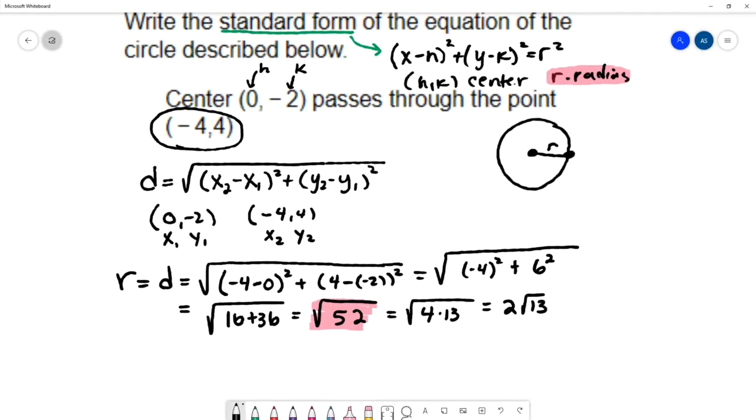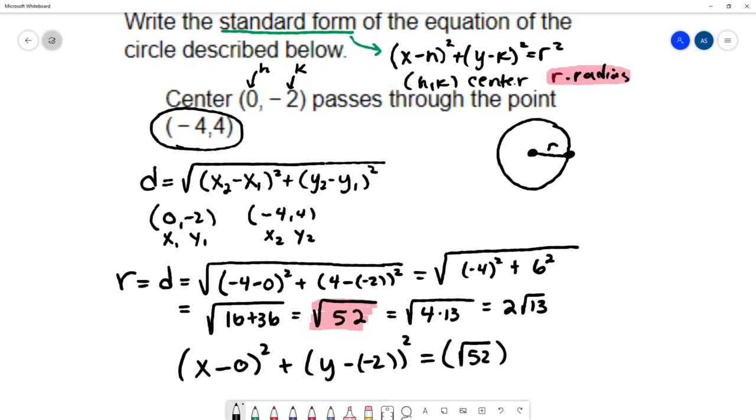So our equation of the circle will be (x - h), which is 0, squared, plus (y - k), k is -2, squared, equals the radius squared. We found our radius to be the square root of 52.